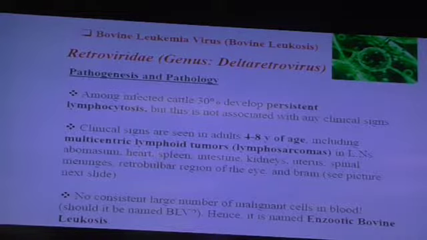Now, as I said, this is a disease of older age, 4 to 8 years of age, and the main pathology is lymphosarcoma, present in different places, in the heart, in the intestine, lymph nodes, and other places where lymphocytes, particularly B lymphocytes, are present.